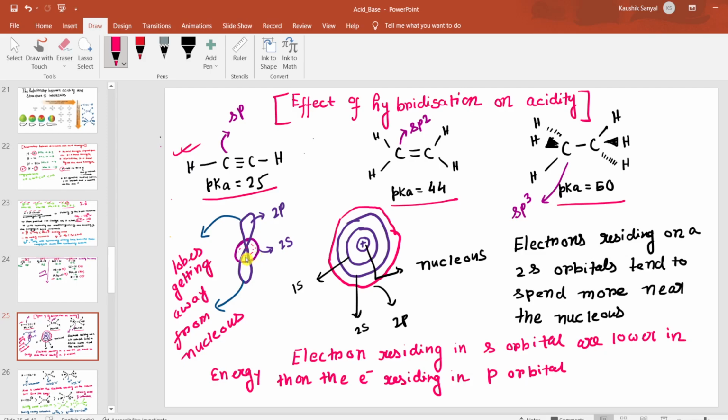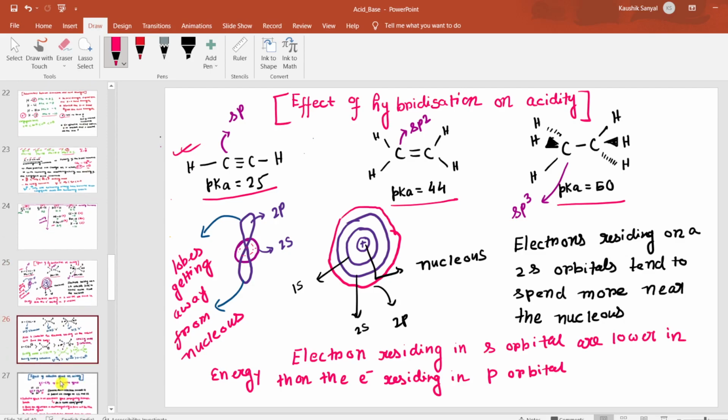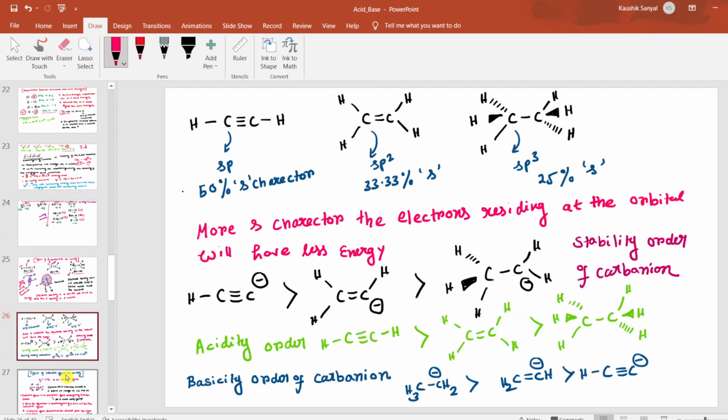Now let's see the effect of hybridization. If you see the molecule acetylene, the carbon is sp hybridized. So sp hybridized means the carbon atom has 50% s character. On the other hand, if you see the molecule ethylene, it is sp2 hybridized, so the s character is 33.33%.